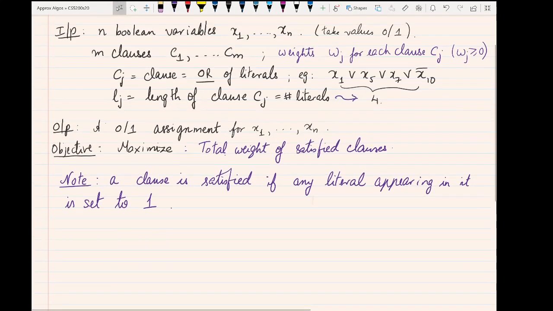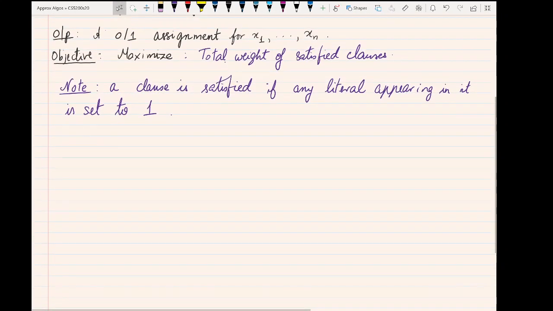So first let us go on to see a randomized algorithm for this that does not use the linear program. And this is similar to the randomized algorithm for maxcut that we have seen. The algorithm is quite simple.